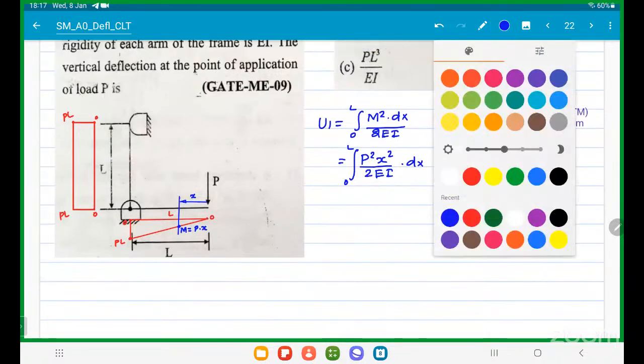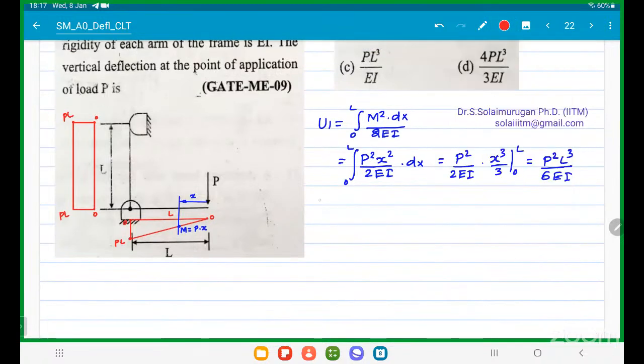For the vertical member, U2 is M square L by 2EI. What is M? PL. So P square L square, what is the length? L, divided by 2EI. It means P square L cube by 2EI.